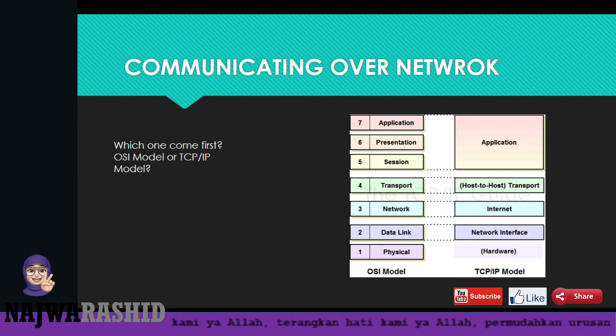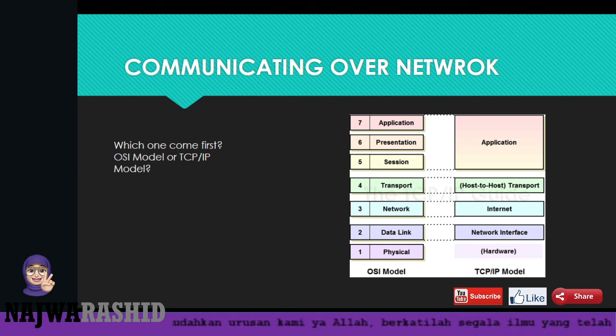Internet layer is from source host to destination host, host to host. The protocols under transport we have TCP, UDP, datagram transport protocol. At the internet layer we have protocols like IP, internet protocol, and ICMP, the internet control message protocol.